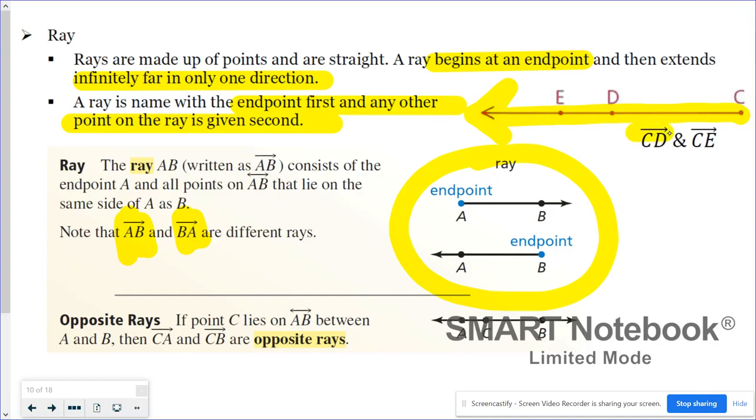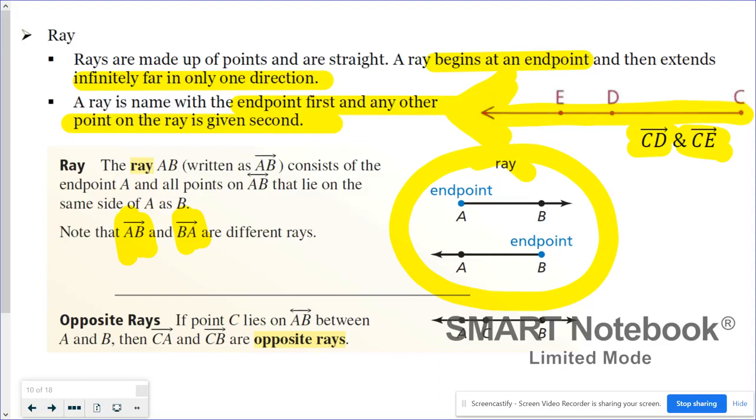I can name it ray CD because I'm saying it's starting at endpoint C and it's extending infinitely far through D in that direction. Or I can call it ray CE because it's starting at the endpoint C and extending in the direction of E for an infinite length there, okay? So rays, I'm still using 2 points.